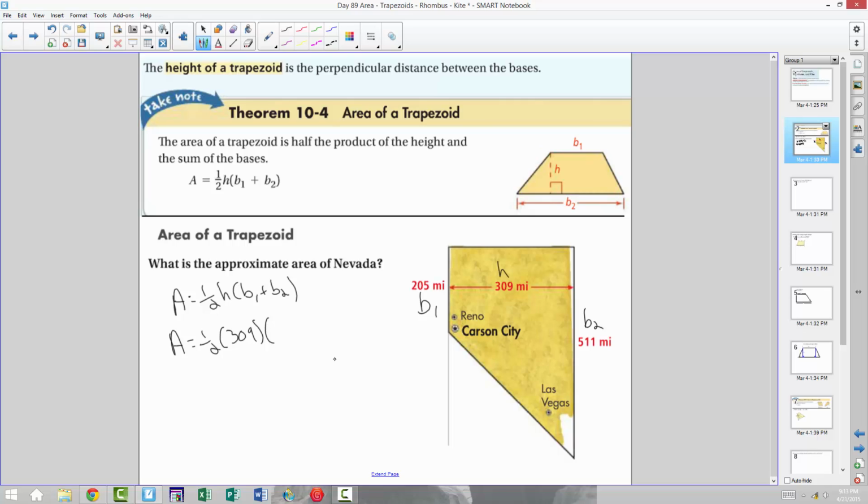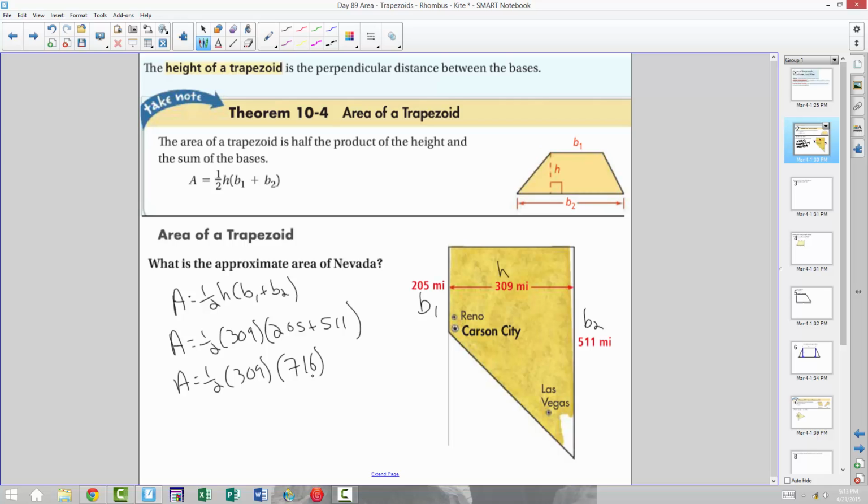I usually label the shortest base B1 and the longer base B2. So 205 plus 511. Remember, it's adding the bases, not multiplying them. So I have area equals half of 309 times 205 plus 511, which is 716.